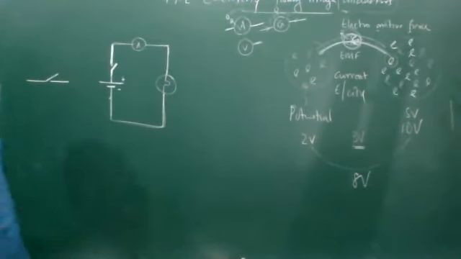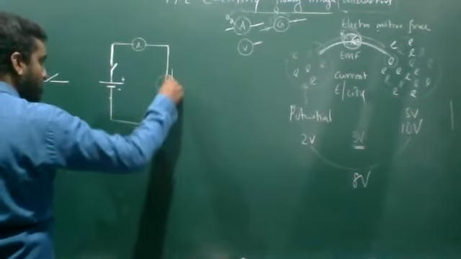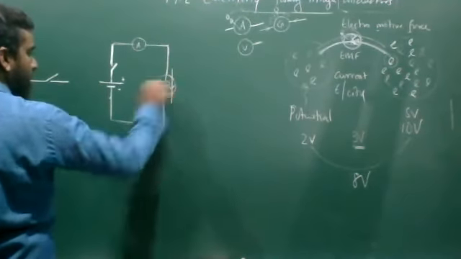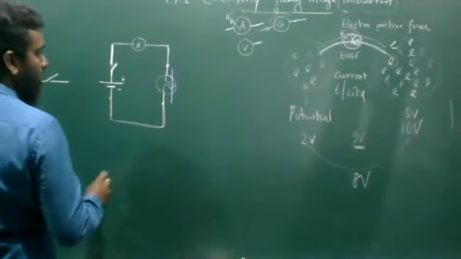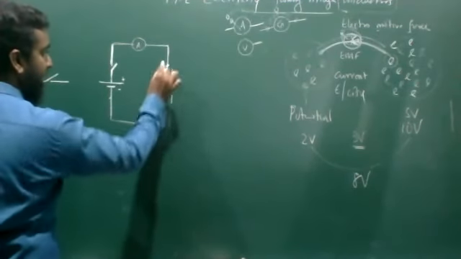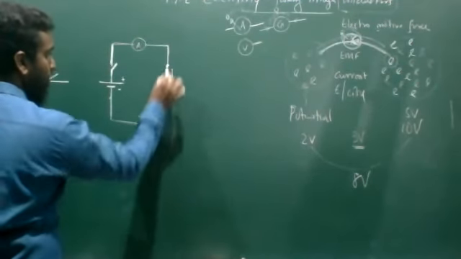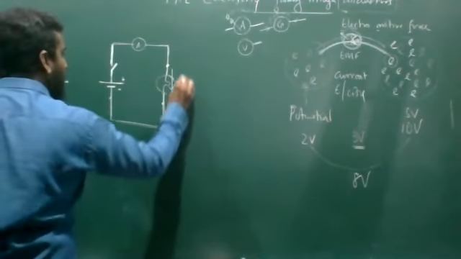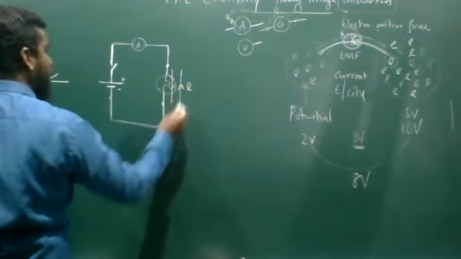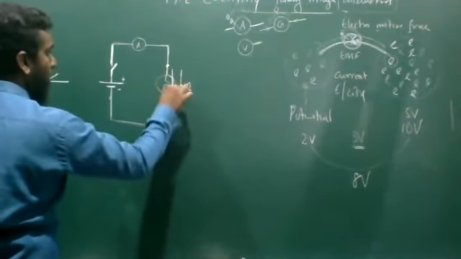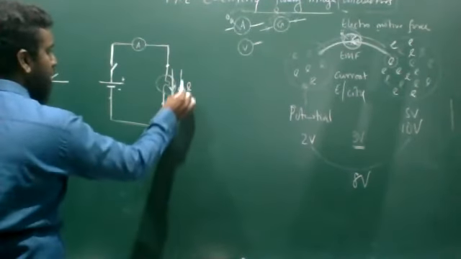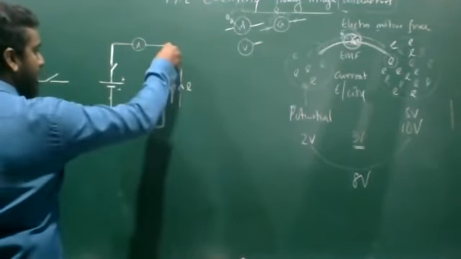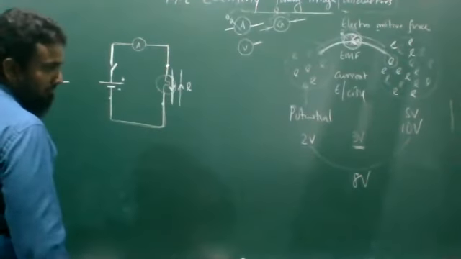Now, if the current is moving in this direction, consider these 2 points: there should be a potential variation to make electrons flow in this direction. Then only the current is going to flow in this direction. The electrons flow in this direction, and the current flows in the opposite direction.